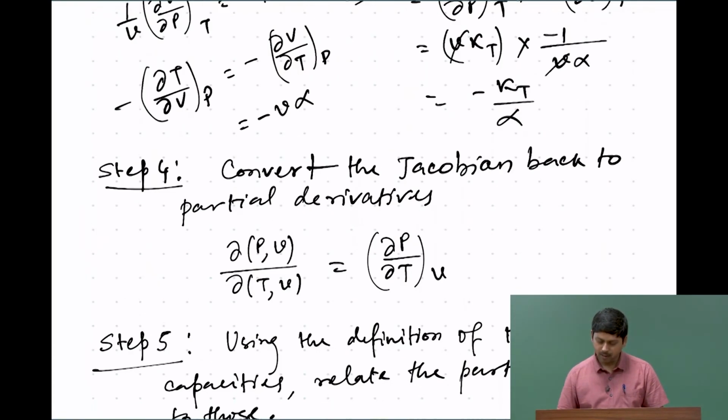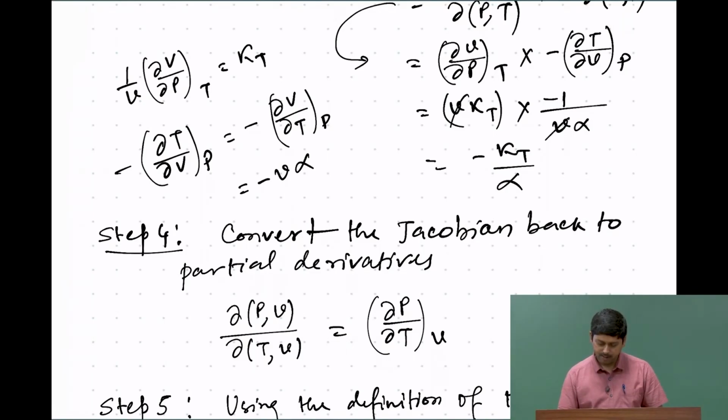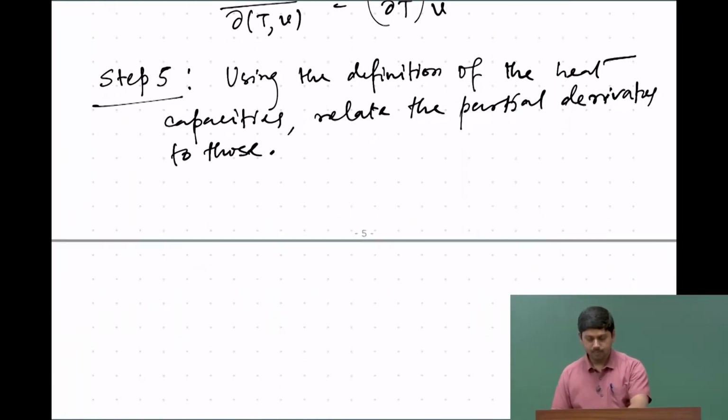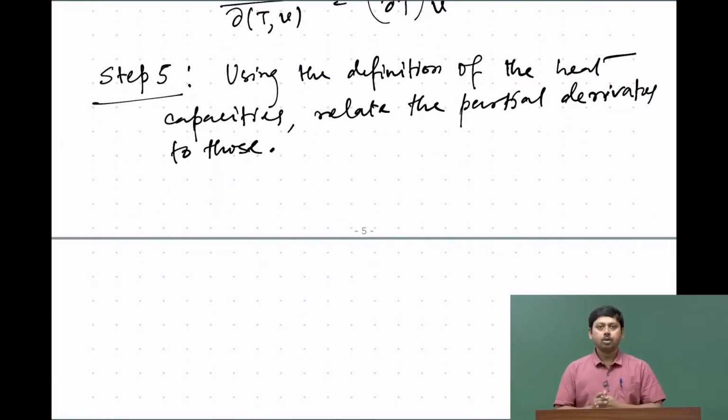For example, here we have identified that, here we have done that these quantities are that. So, these are the rules of Jacobian, and once you have the rules, you can convert more and more difficult partial derivatives to change from one form to another form, and we are going to give you an example of that.